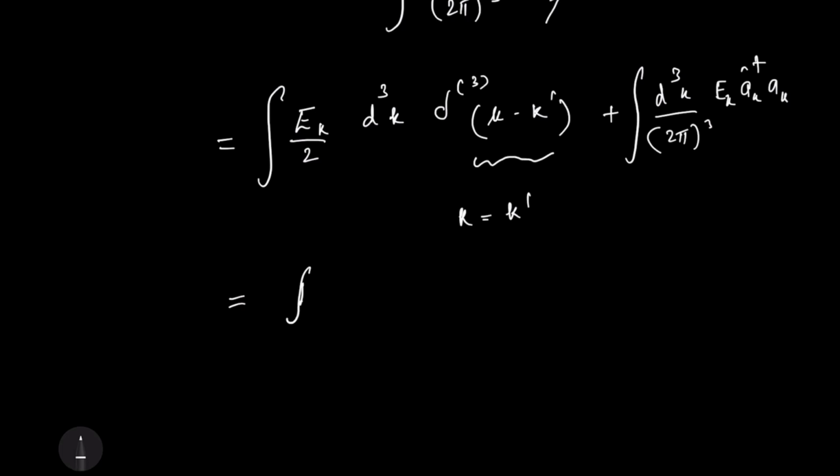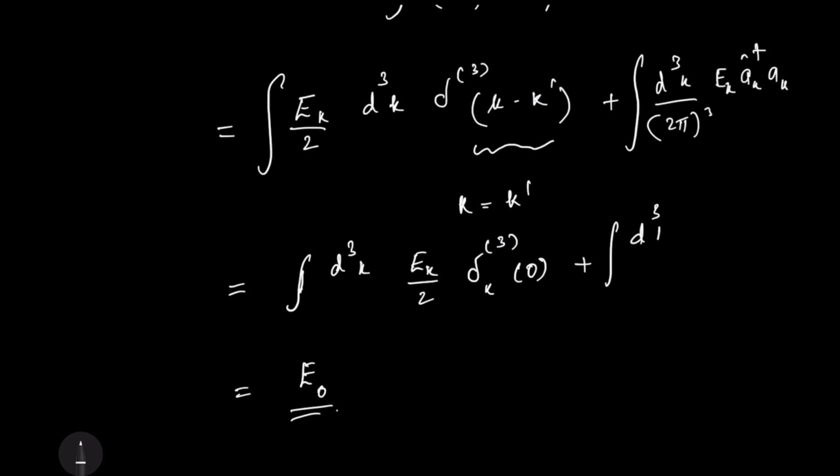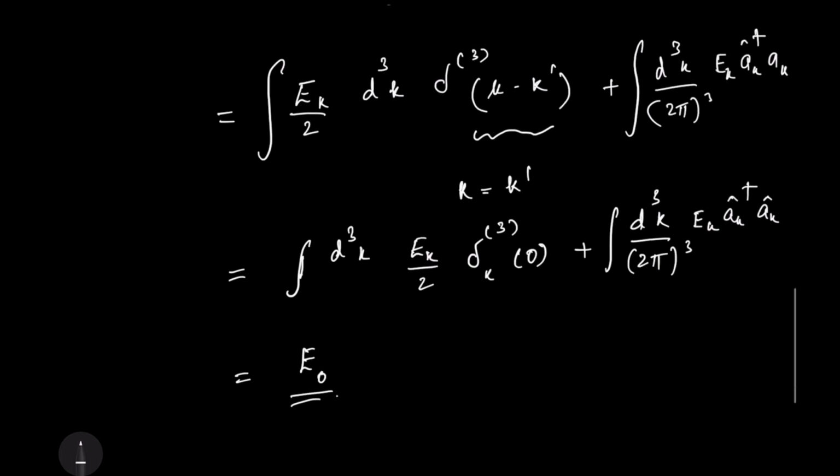So this will be integral d³k E_k by 2 δ³ of 0. So this I can write as E naught, and that will be the zero point energy. Now the other term I can write as it is: integral d³k by 2π cube E_k a_k† a_k.